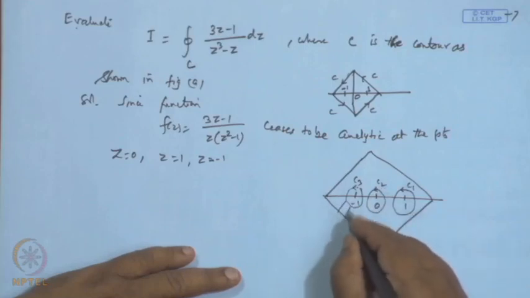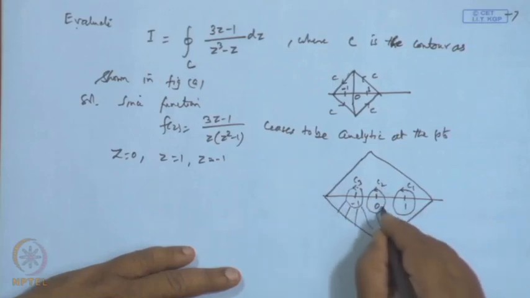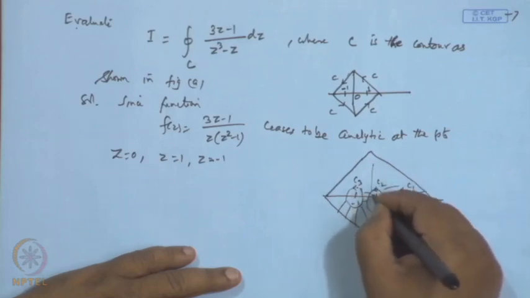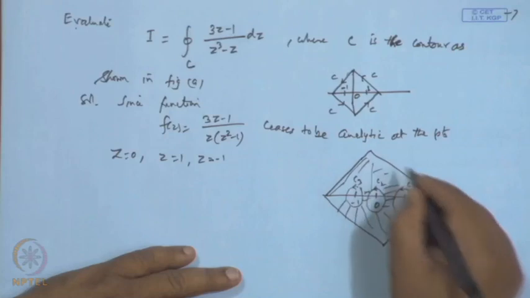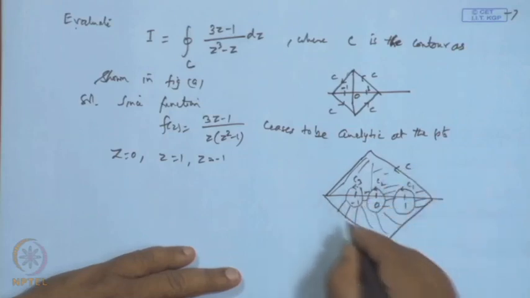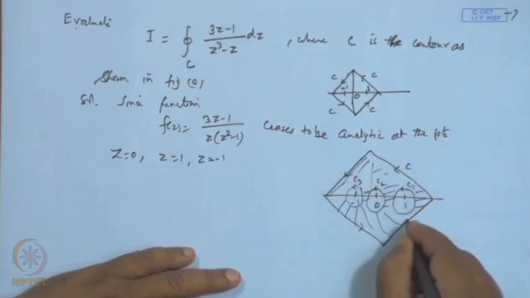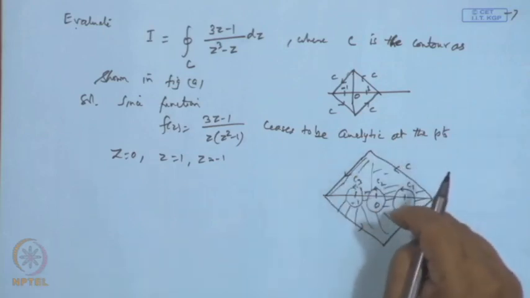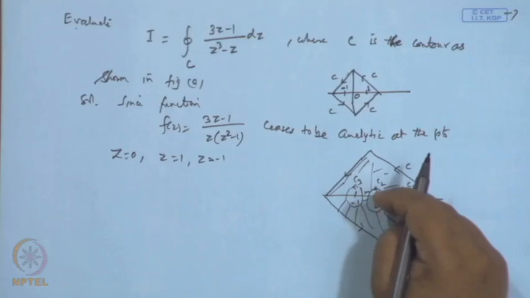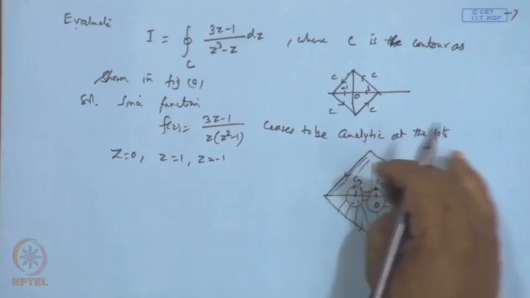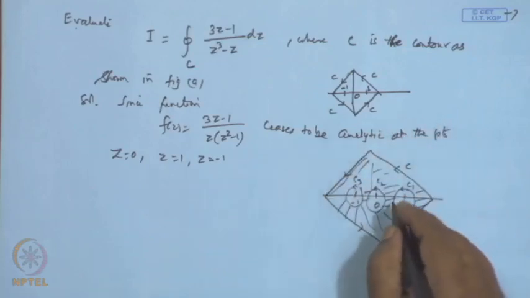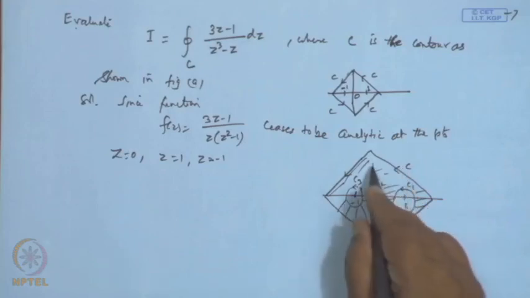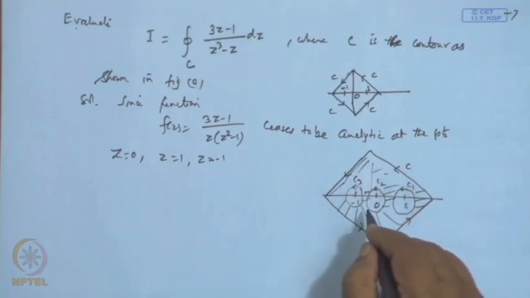So, if I look at this domain, its boundary is this C. Then this entire domain is a multiply connected domain, because it has gaps, these 3 holes.